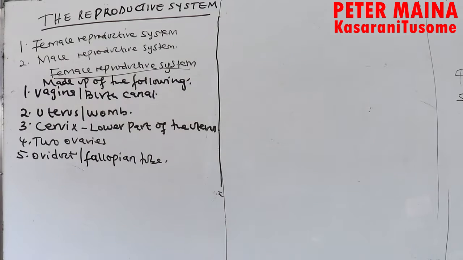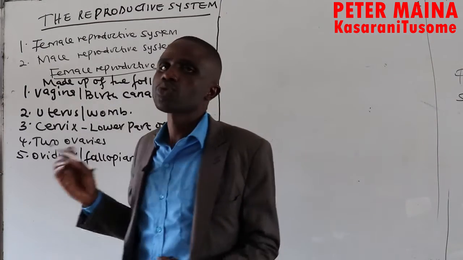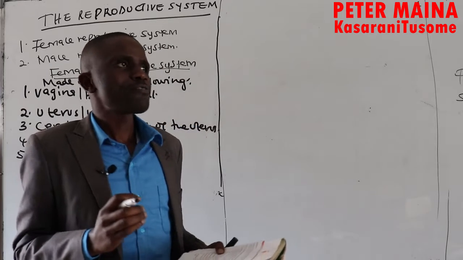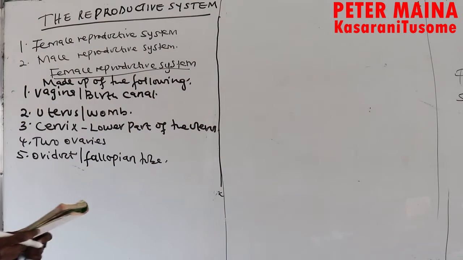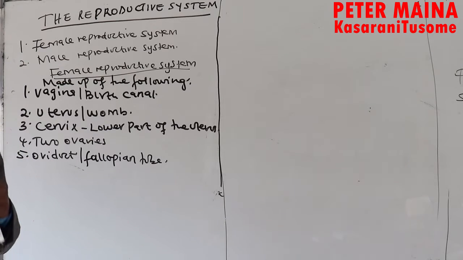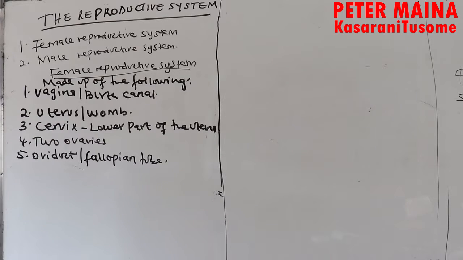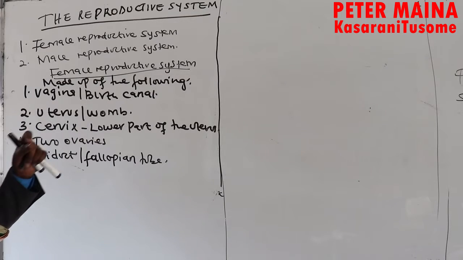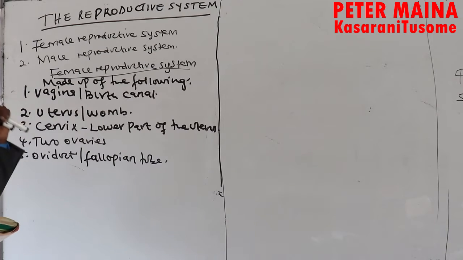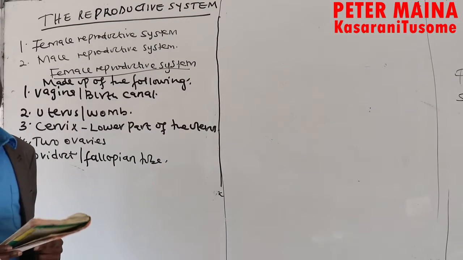We agreed that it's always good to reflect on what we have studied, so let's see whether we can state the 5 components that make up the female reproductive system: the vagina, also called the birth canal, the uterus, also called the womb, the cervix, the lower part of the uterus, the 2 ovaries, and the oviduct, also called the fallopian tube.